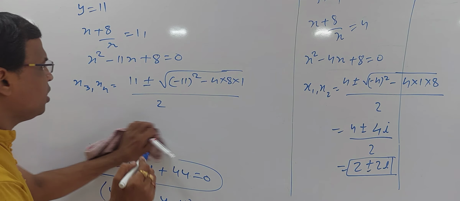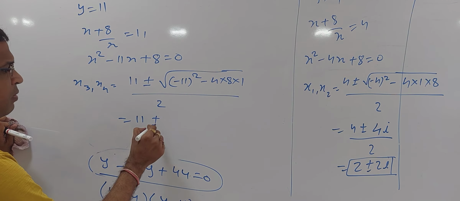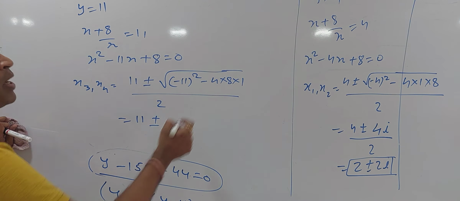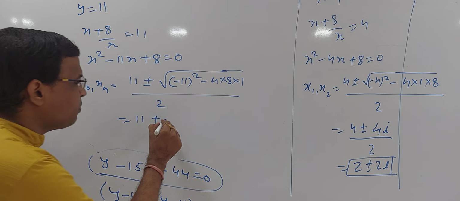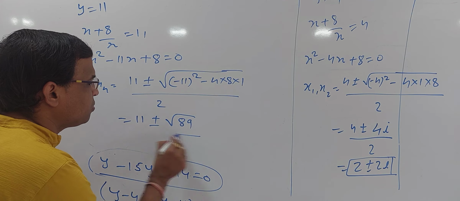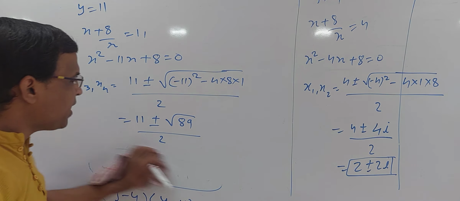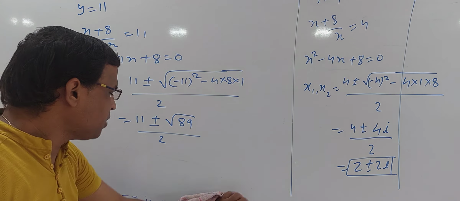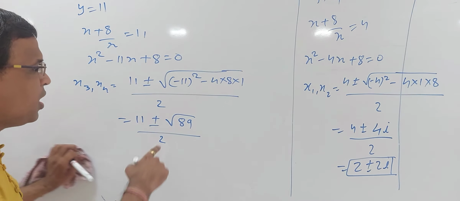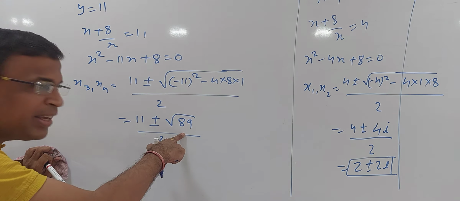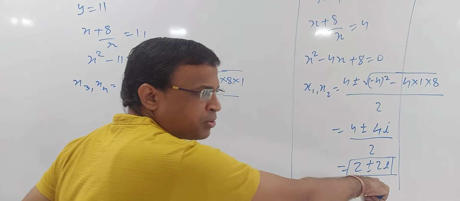So when I solve this, I will get 11 plus or minus 121 minus 32, 121 minus 32 is 89, upon 2. So that is the answer I am getting. So I am getting two positive real roots and two unreal roots.